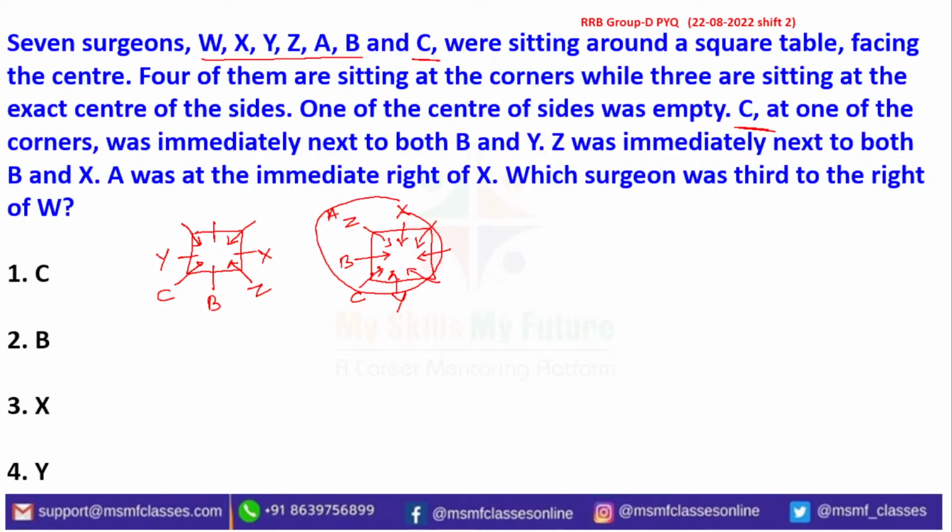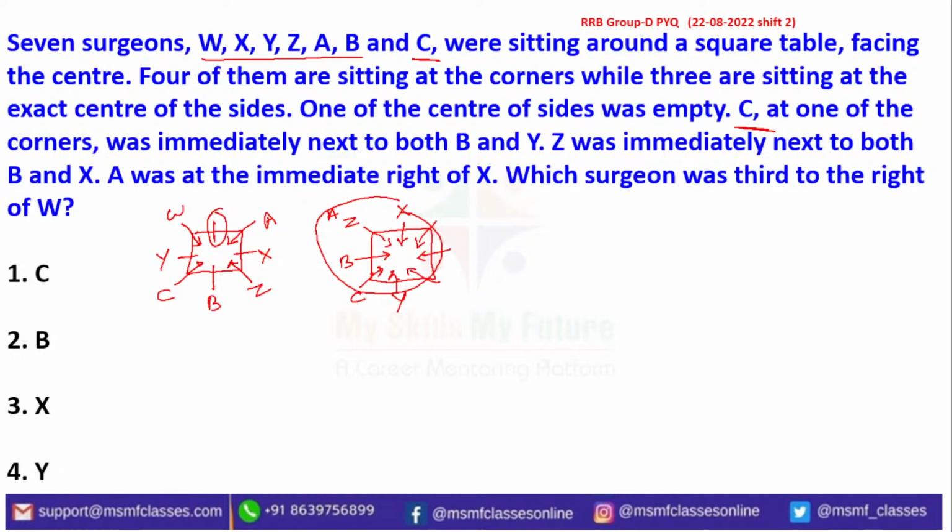So we can write A here, as A is the immediate right of X. So only one center place is pending. All three spots are filled and only one value is left, that is W. So this is the empty place.